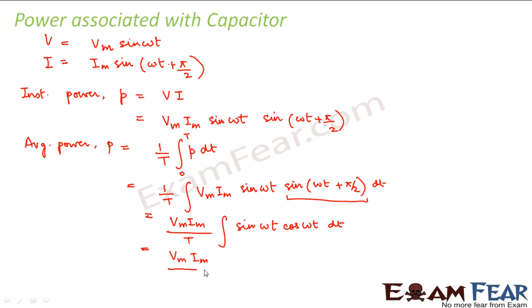Now we can write this as integration of sine theta cos theta would be sine 2 theta divided by 2. That means sine 2 omega t divided by 2 dt from 0 to capital T, right?